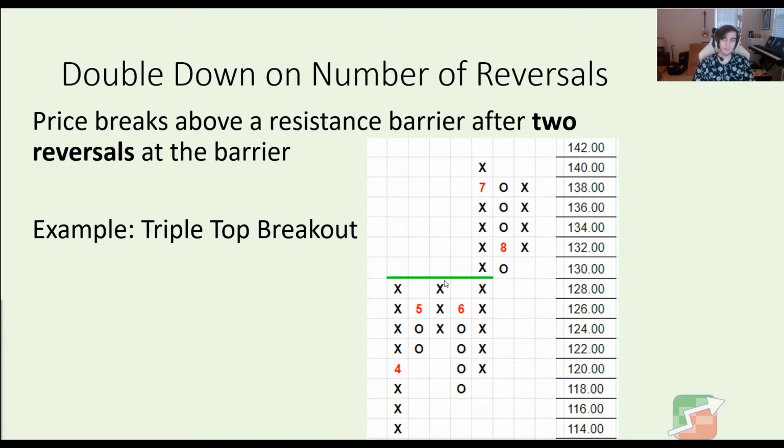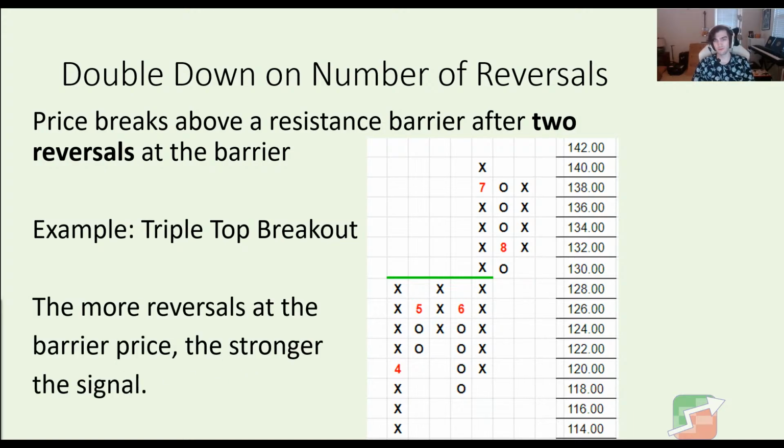Jumped up again, went back down, jumped up again, and now has finally gone above the $130 mark. So again, the more reversals at the barrier price, the stronger the signal is when it finally breaks out.